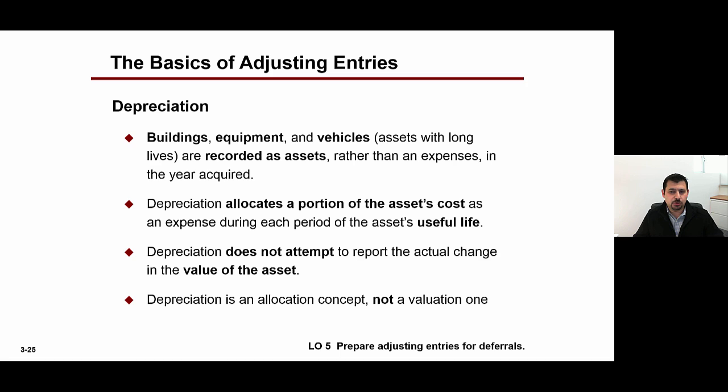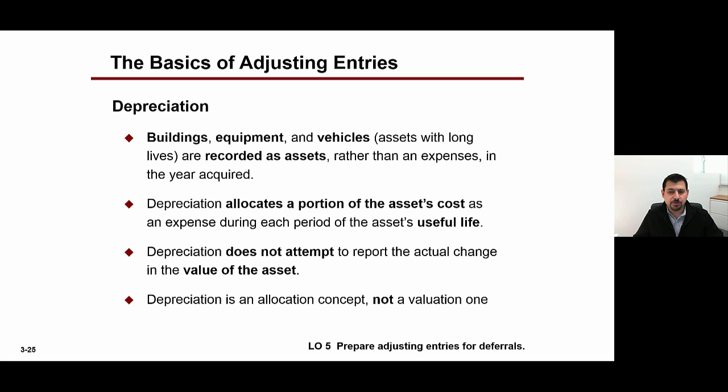So companies record buildings and equipment, etc., at cost. This is the cost principle. Basically, we need to record it first at cost, the initial cost when it was acquired, and they have to keep recording it at cost.